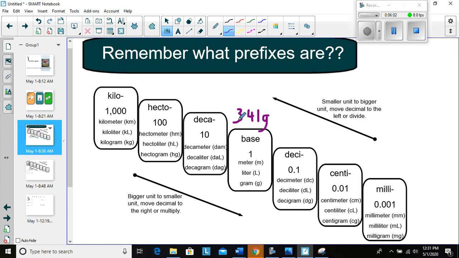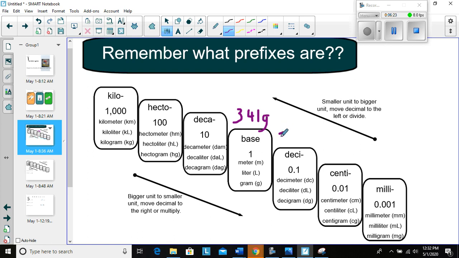Now let's say I wanted to change the 341 grams into decigrams. Okay, if I want to go one step down, that means using the rule here, moving down our ladder, we're going to move the decimal to the right. Well, there's no decimal here, so I'm just going to have to imagine one here and bring it back and add a 0.